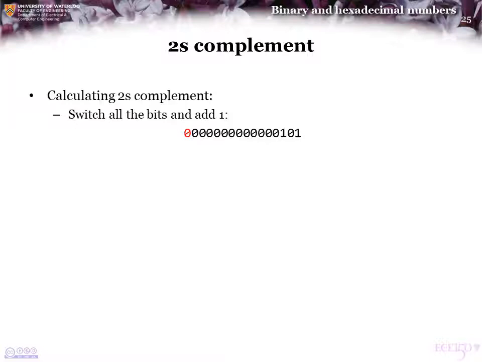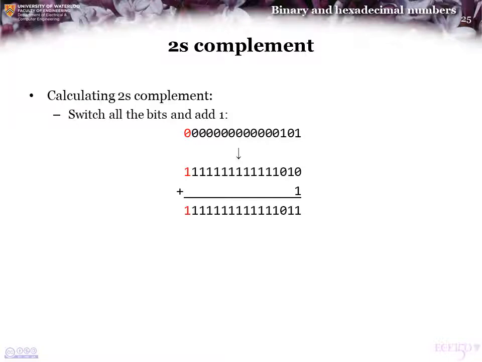So here we have 5 as a positive short. What we will do is we will flip all the bits, so change every 0 into a 1 and every 1 into a 0, and add 1 to this number. Well, this gives us this value here, so this would be the representation of negative 5.